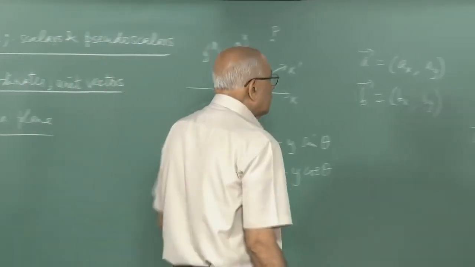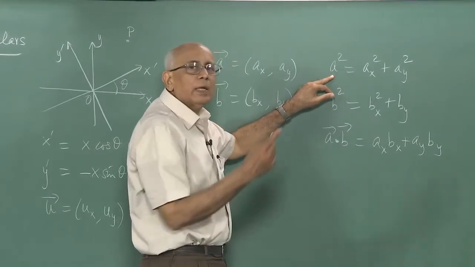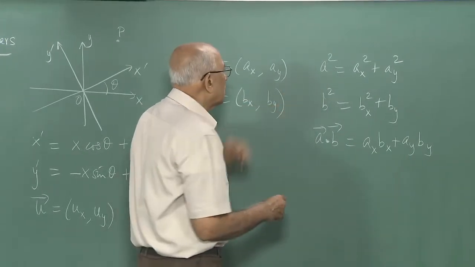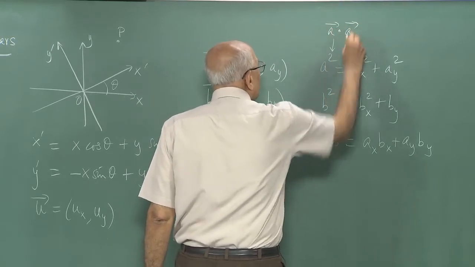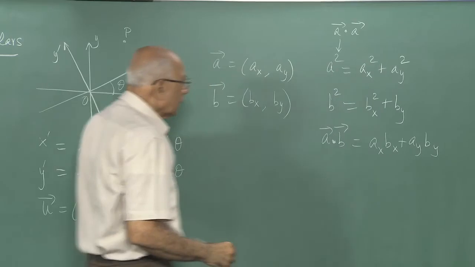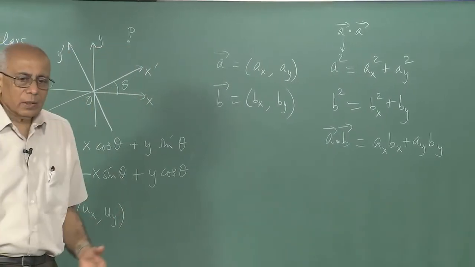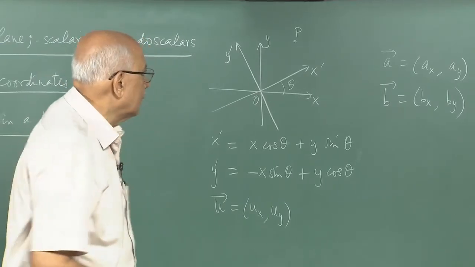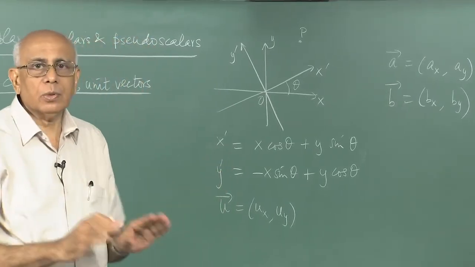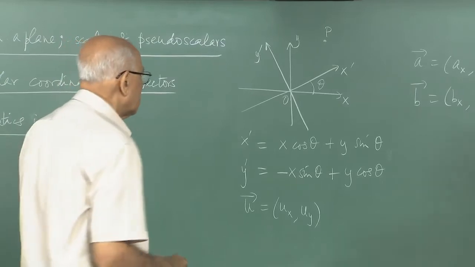And it is clear that this is just the same as A dotted with itself, and this is the same as B dotted with itself. So this is A dot A by definition, and similarly for B. So the dot product or the scalar product is a way of creating a scalar from a vector, and so far we have restricted ourselves to a plane, to two-dimensional vectors.